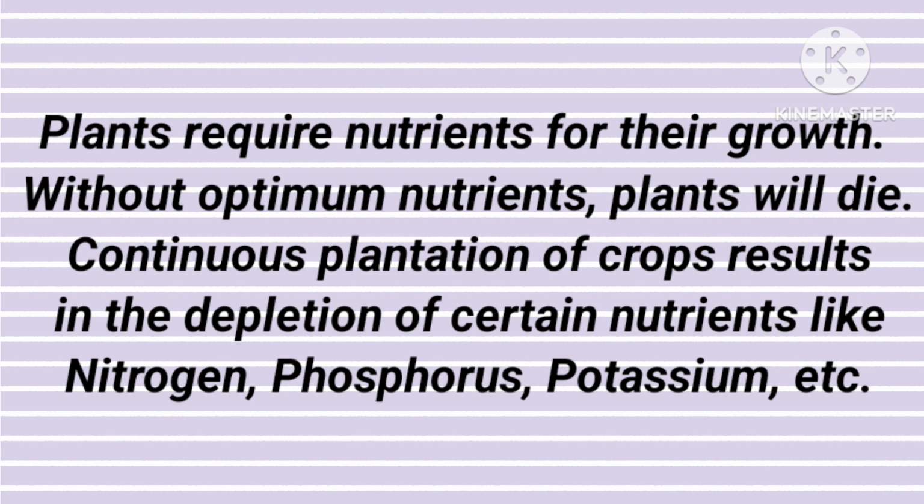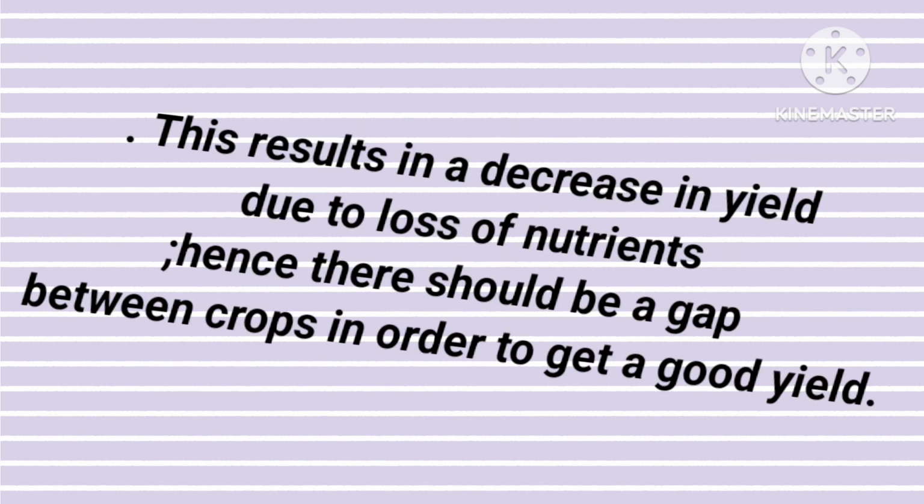If you continuously do agriculture on the same land, there is no rest at all for that land. Then there are fewer nutrients like phosphorus. Because of that, it will affect the land. This results in a decrease in yield due to the loss of nutrients.